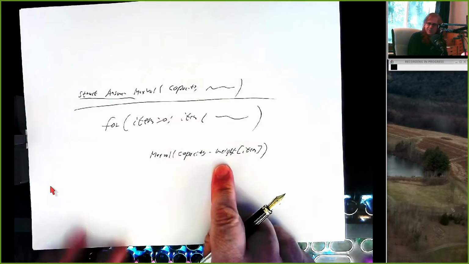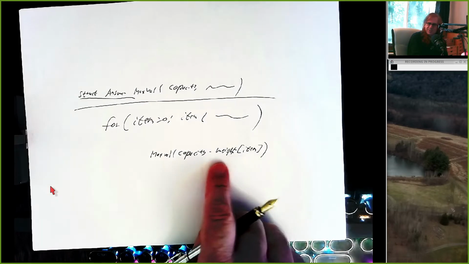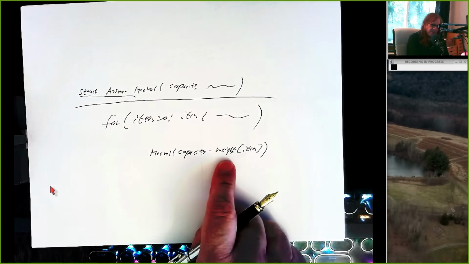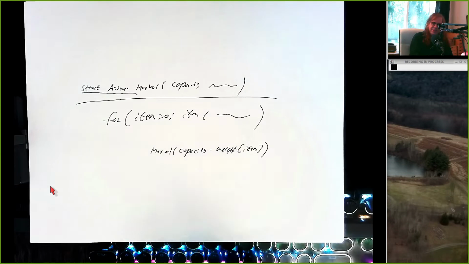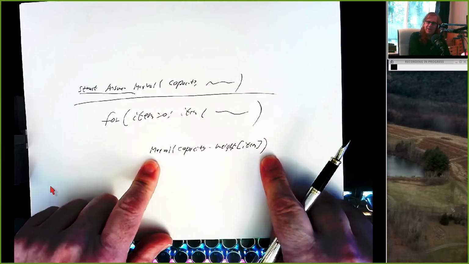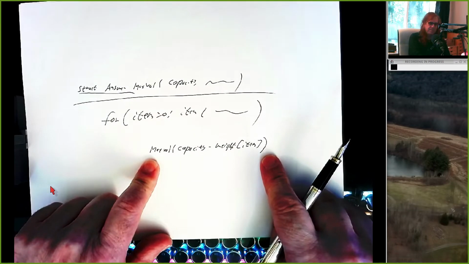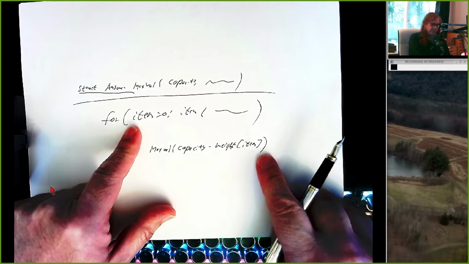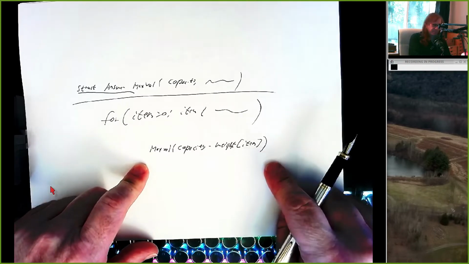If this is an array of structures, it'll be item array bracket item dot weight or something like that, so do the C syntax. This is the value that we get out of the bag after we've put item number item into it, right?